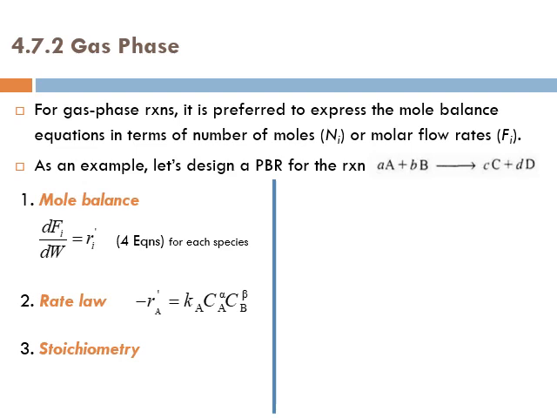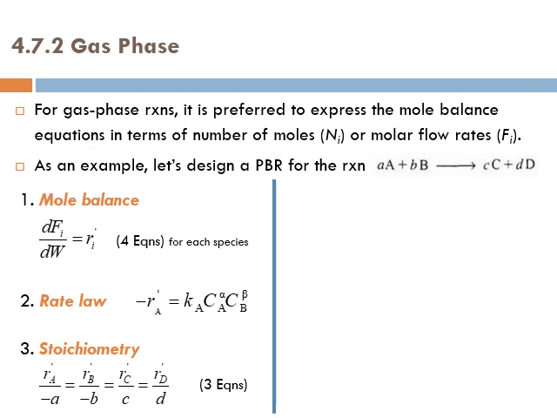The first piece of information is to relate the rates of reaction together, right? Because in the mole balance, we have 4 mole balances and we have all the rates of reaction, Ra, Rb, Rc, Rd, and so on. So the first step in the stoichiometry, step A if you want to call it, you're going to utilize this relationship between the rates of reaction, and you're going to write 3 equations, right?